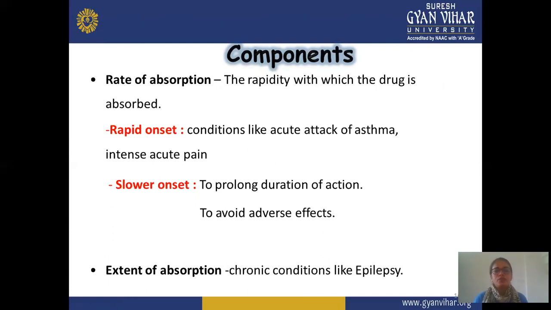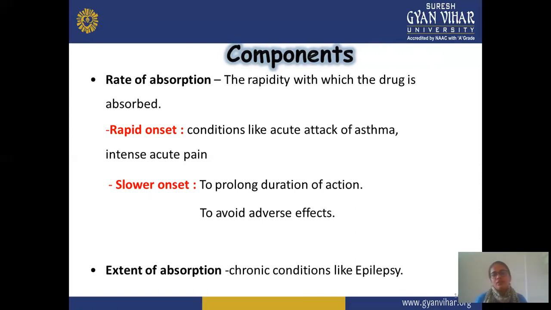A slower onset of action gives a prolonged duration of action and helps avoid side effects or adverse effects. According to the rapidity, we can classify in two types: rapid onset and slower action.